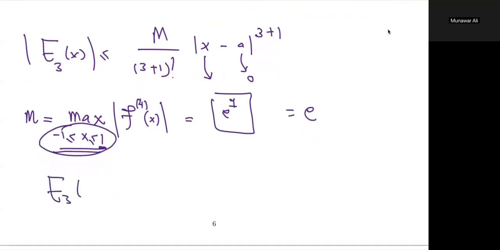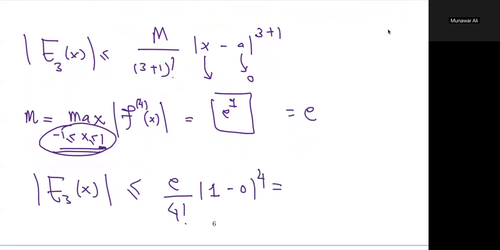So E3 of x should be smaller than or equal to M divided by (n plus 1) factorial, which is 4 factorial, times the absolute value of 1 minus 0 to the 4. If you simplify everything, this is going to be e divided by 4 factorial.